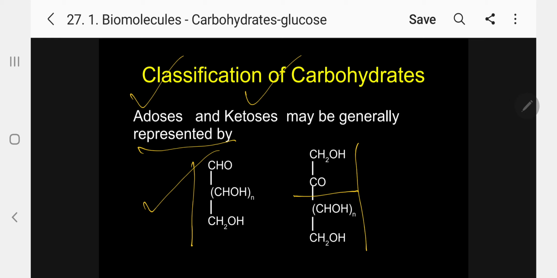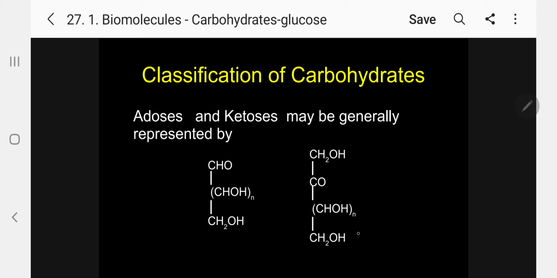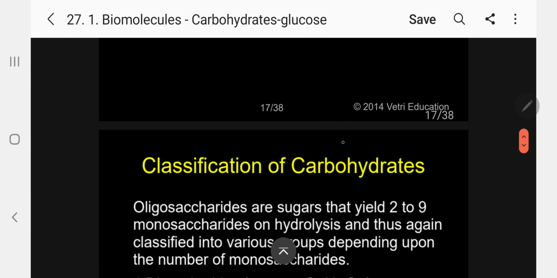So the difference between aldose and ketose is only here: CHO versus CO. That is the main difference. Then (CHOH) n times and CH2OH. So this is the ketose general formula.